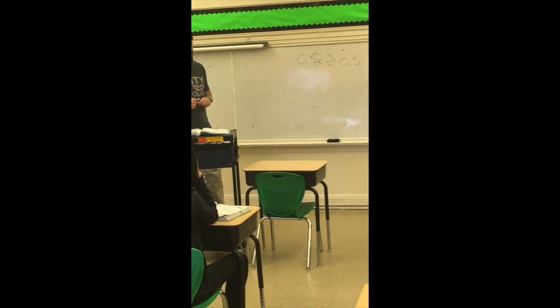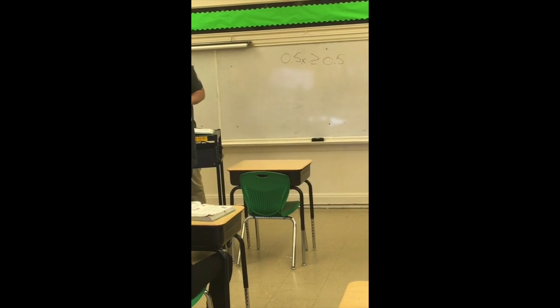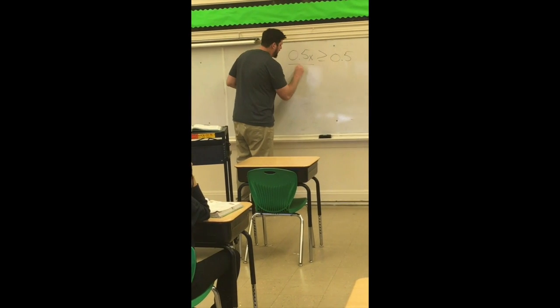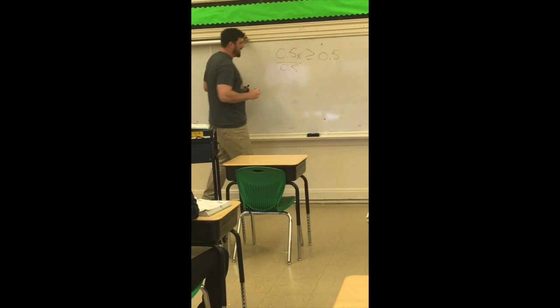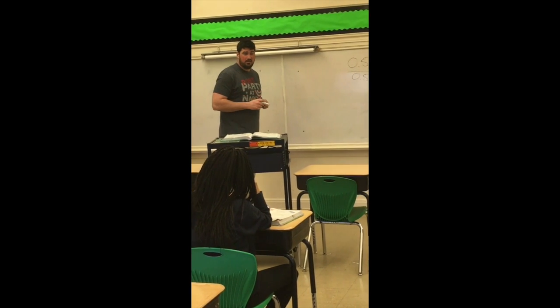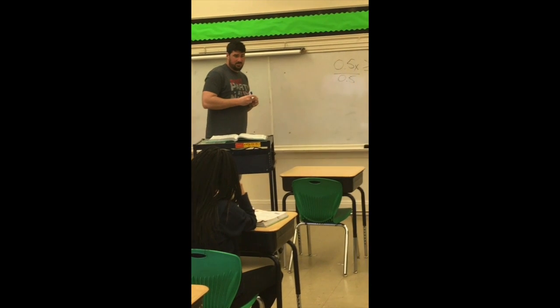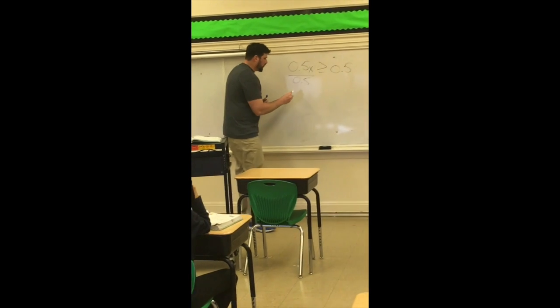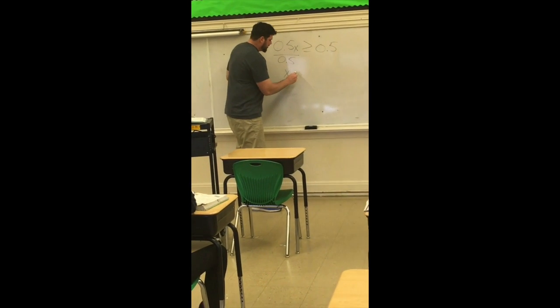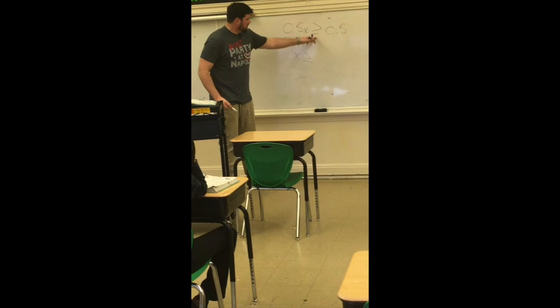We have 0.5x. So we're multiplying. What would be the opposite? Division. Division, very good. So we want to divide by 0.5, okay? Any number over itself in fraction form equals what? Jaden? 1, very good. So we're left with 1x, or simply stated, just x, okay? So now we're going to bring down our same symbol.